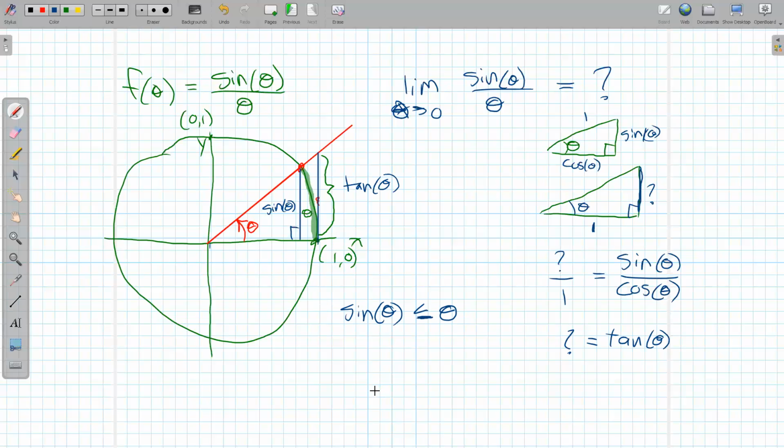If I divide by theta on both sides, because I'm not actually getting to 0 in the limit, that's okay, then the sine of theta over theta is going to be less than or equal to 1. That's kind of an important thing. But what we're going to do next is apply something called the squeeze theorem.